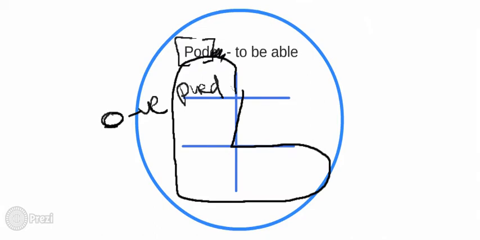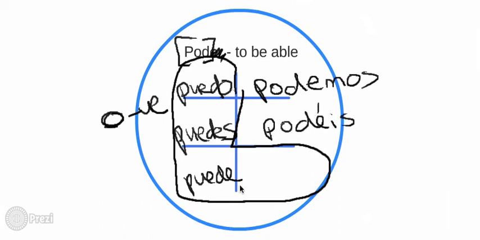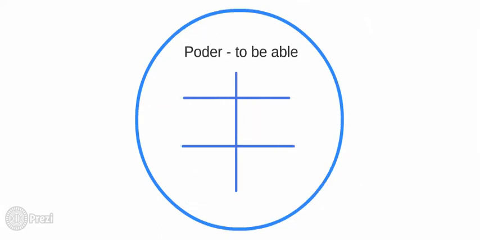My yo form ending is O: puedo. I'm going to go ahead and do that for the rest of these. Be careful, poder is an ER verb, so make sure you're using your ER endings. Notice I'm out of the boot here, I'm back to the O: podemos. Podés. And then back in the boot, pueden. How'd we do? Check your answers. Make sure what I have matches what you have.